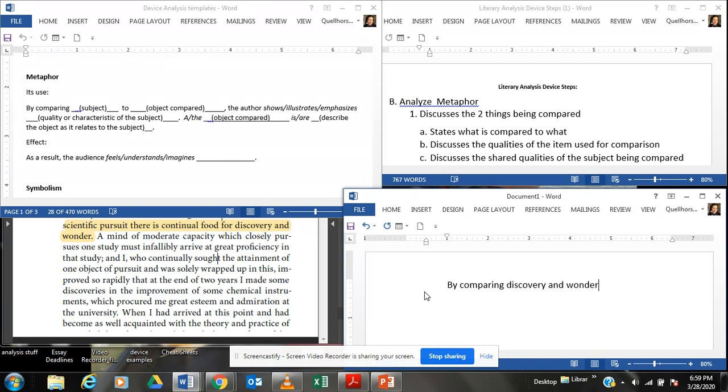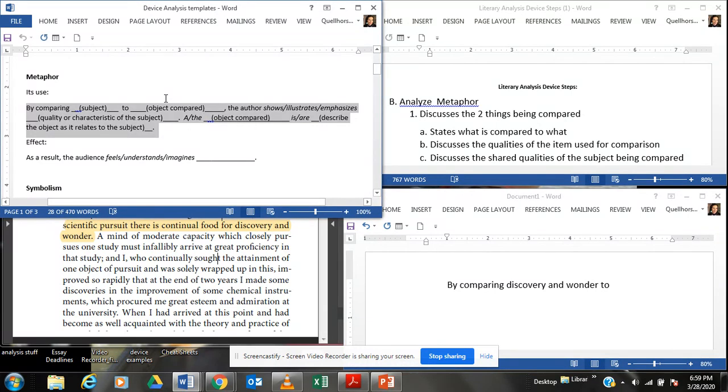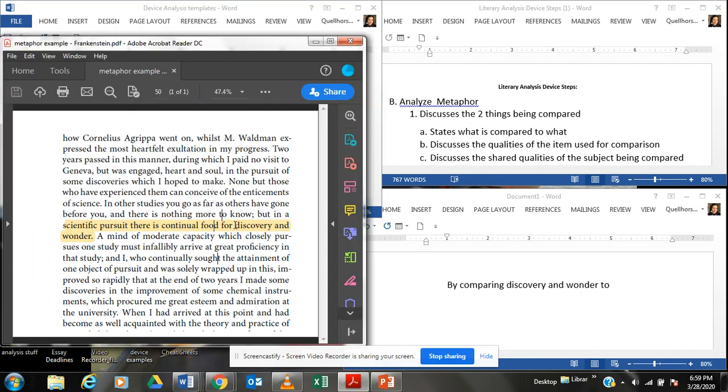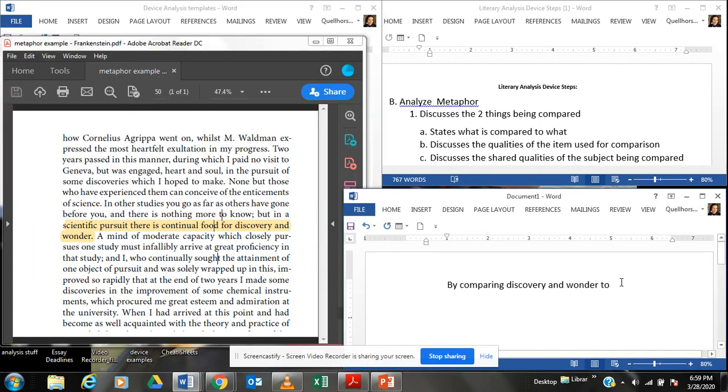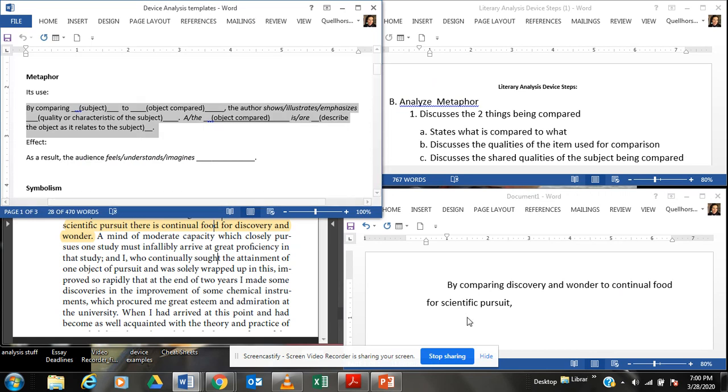Discovery and wonder to, and what is the object being compared? That's going to be continual food. All right. By comparing discovery and wonder to continual food for scientific pursuit.